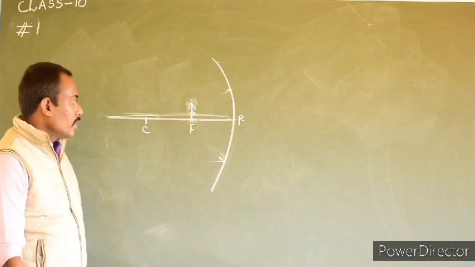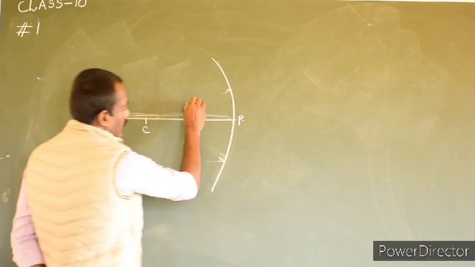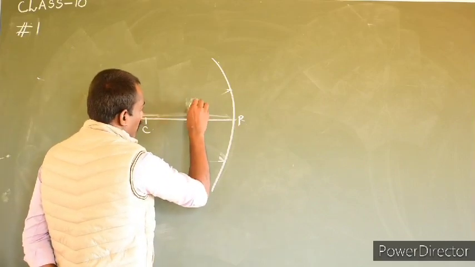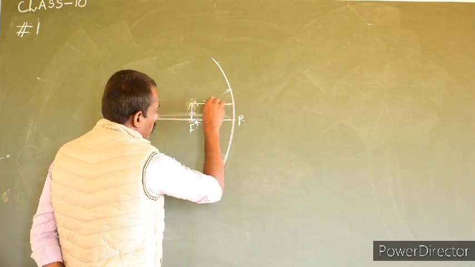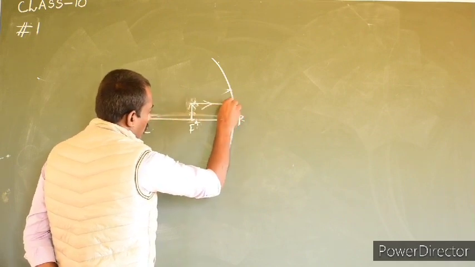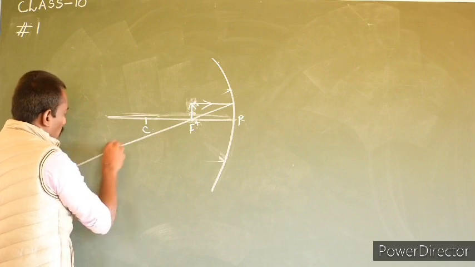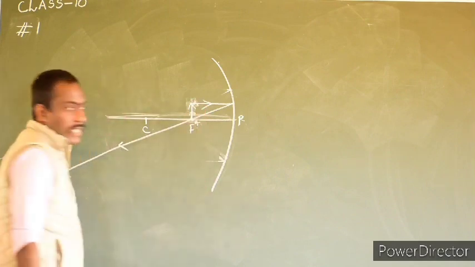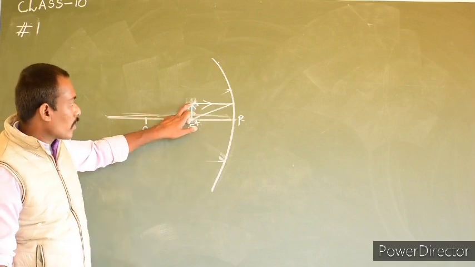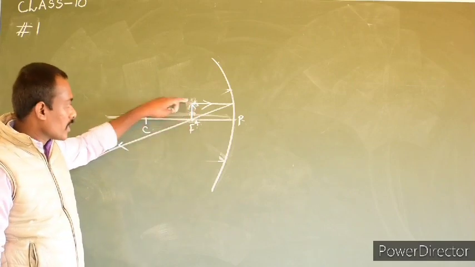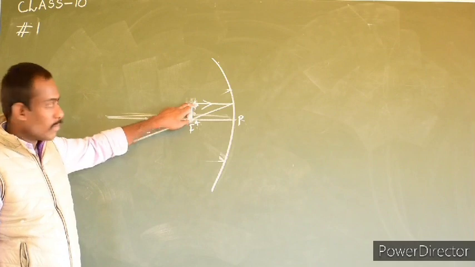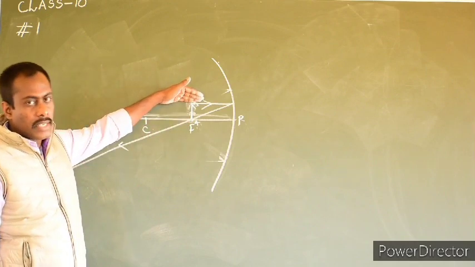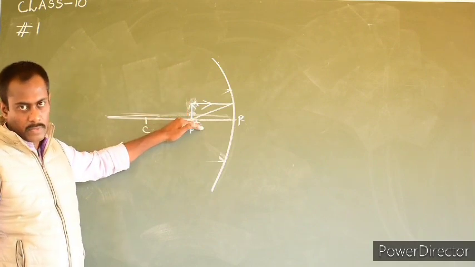Now we consider the two rays, okay, same A, B. A ray which is parallel to the principal axis, and it will reflect back through the point F, and again another ray of light. So here, as the second ray of light, we cannot consider a ray of light which is passing through the principal focus in this case, because the object is kept at F itself.